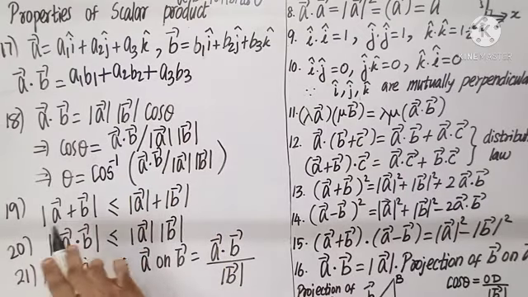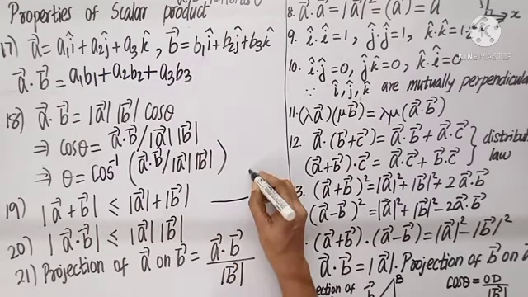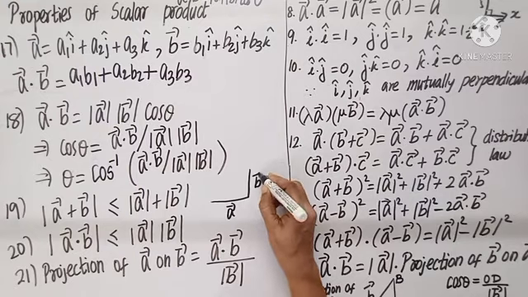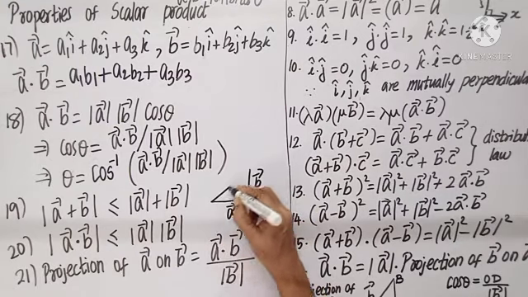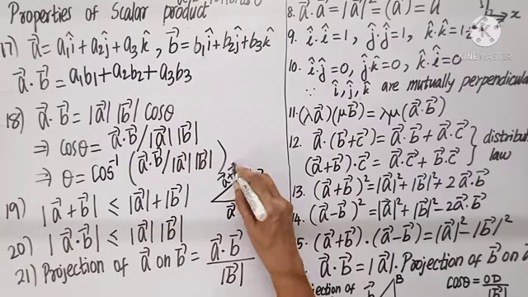Now, modulus of A plus B is definitely less than or equal to mod A plus mod B. As we know in a triangle, if one vector is A, another vector is B, naturally the third side is A vector plus B vector.